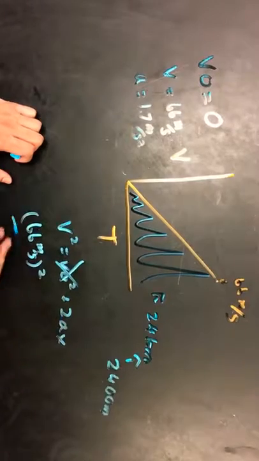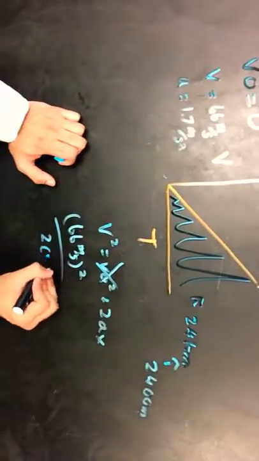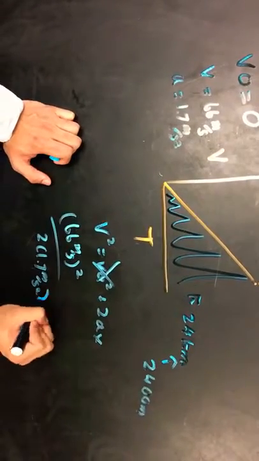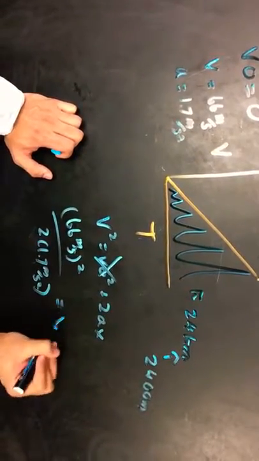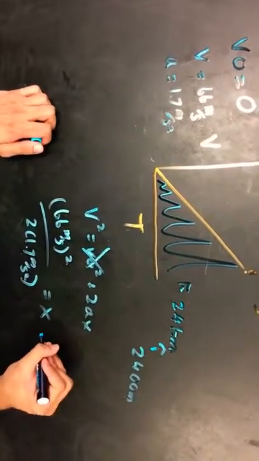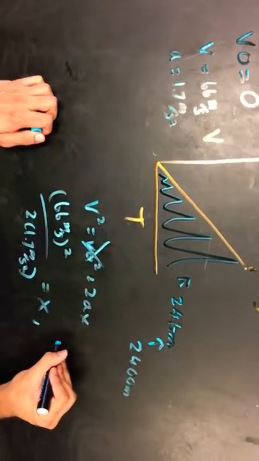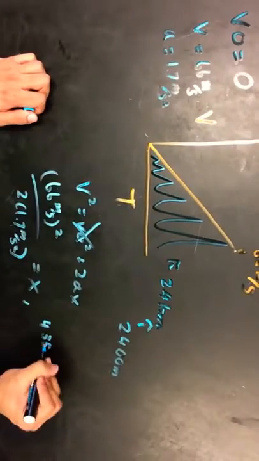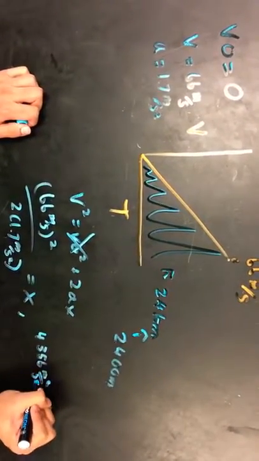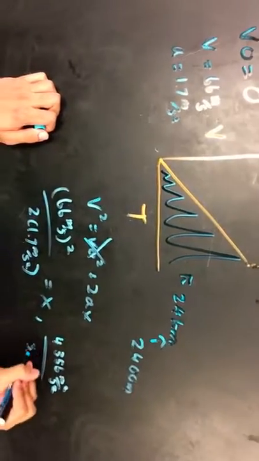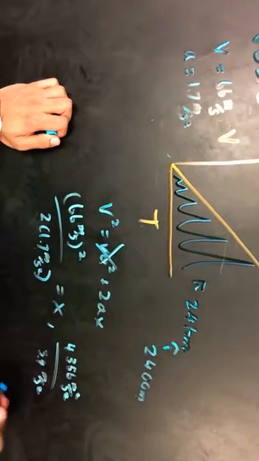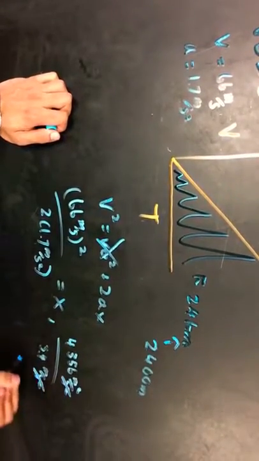And we know acceleration is 1.7. And that is equal to delta x, my bad. So then, converting this, we know 4,356 meters squared per second squared is equal to 3.4 meters per second squared times delta x. The seconds squared cancel out.